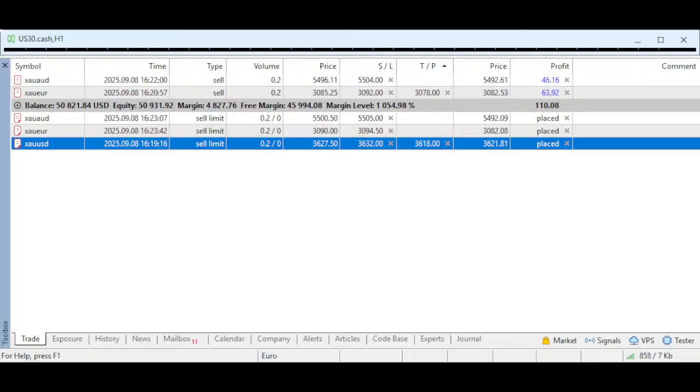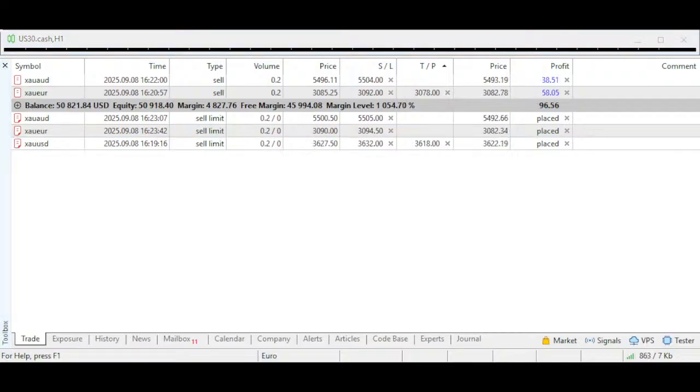I also wanted to see the Dow Jones. Okay, the Dow Jones is 45,360. So let's look into this, then move on with our trades.